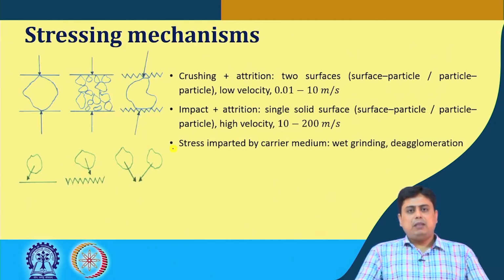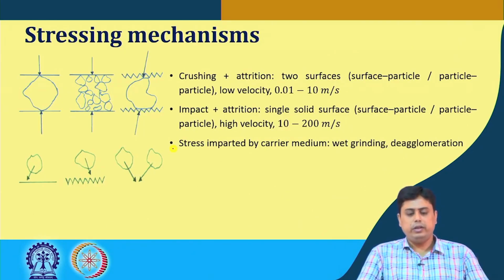These can be broadly categorized in 3 ways, as listed here. One is crushing plus attrition. We have seen this in the last class as well, the difference between crushing, impact and attrition.